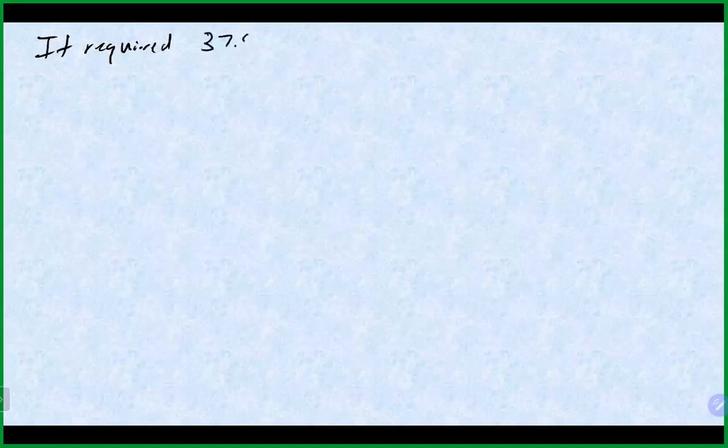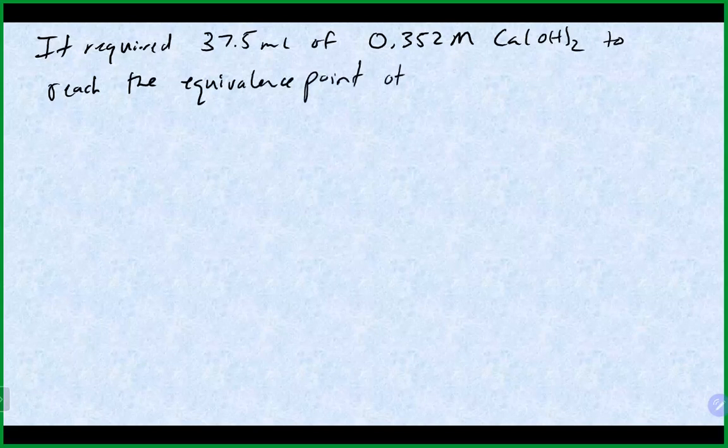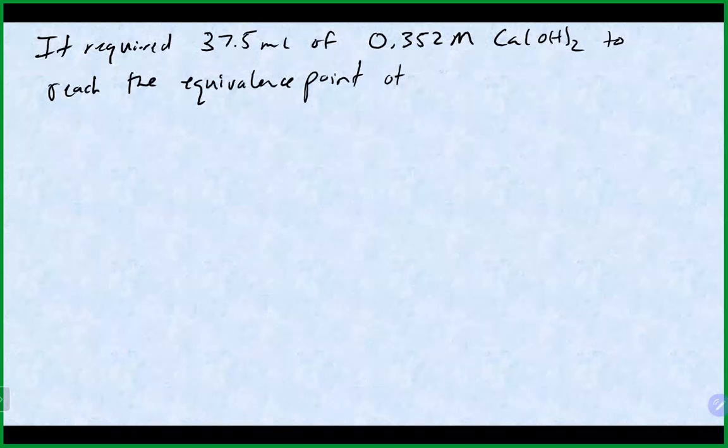Let me try this. Let's say it required 37.5 milliliters of 0.352 molar calcium hydroxide to reach the equivalence point of 55.5 milliliters of hydrochloric acid.